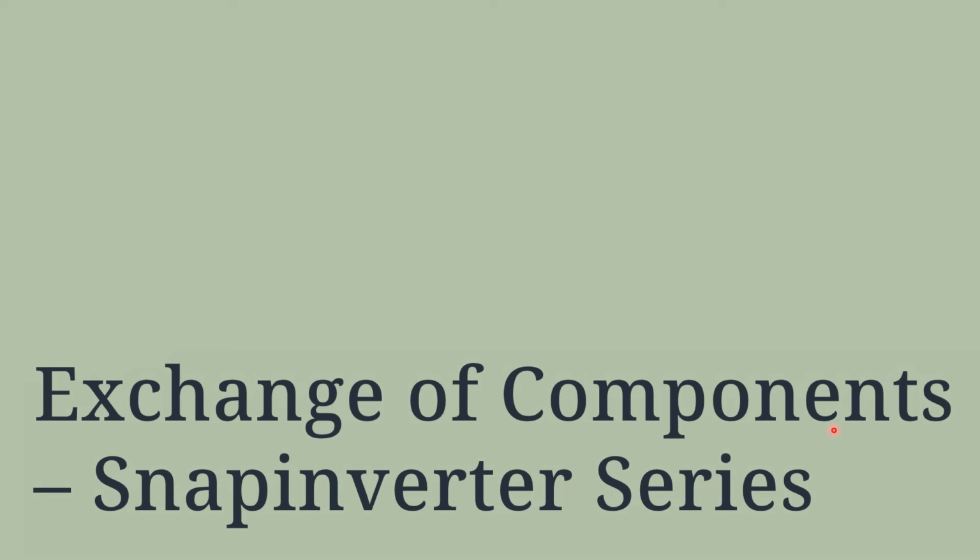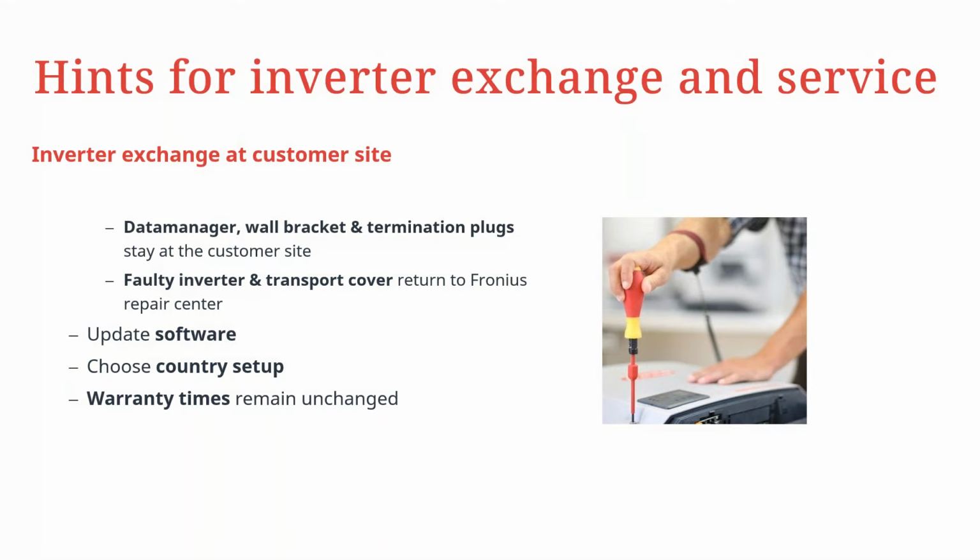Exchange of components. Let's have a look at the Snap Inverter series. For the Snap Inverter series, this basically entails the replacement of, say, the data manager, for example, or other components. What needs to be done is that some components, if they are fine, should be left at the customer site.